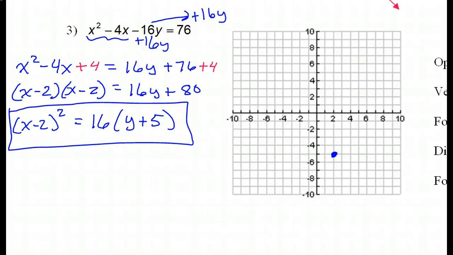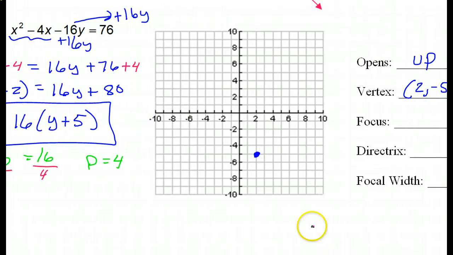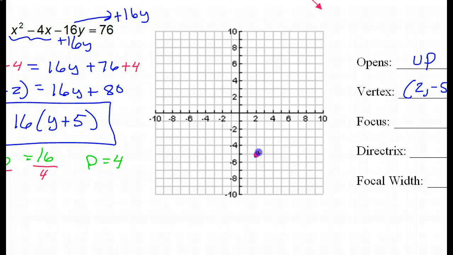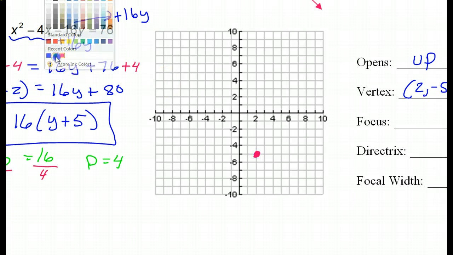So what do I have here? So focus time. To find the focus, we need to find p. So 4p is equal to 16. If I divide by 4, then p is equal to 4. Now this tells me where to put the focus.